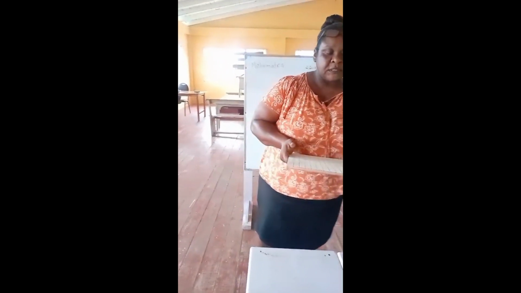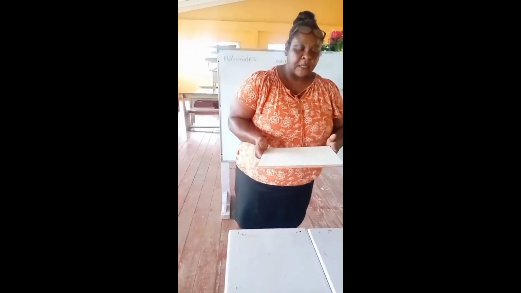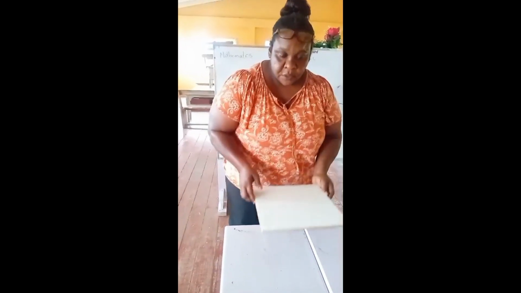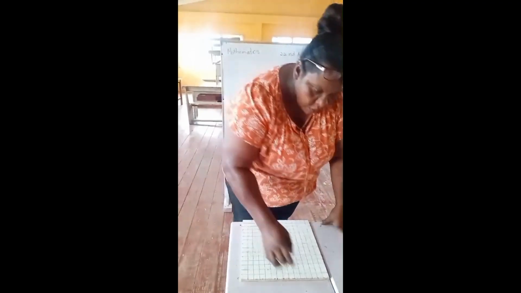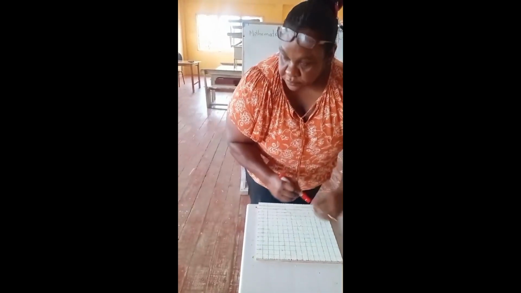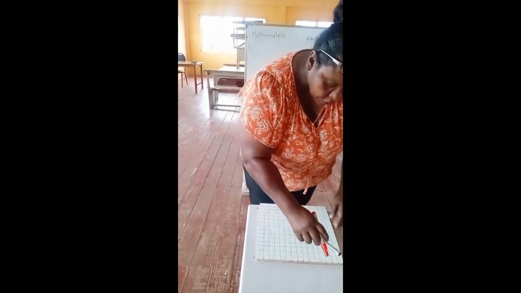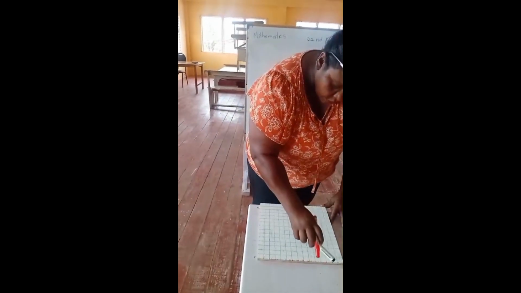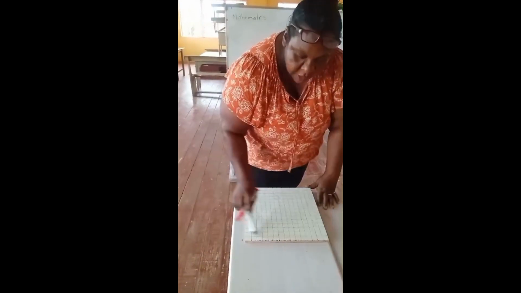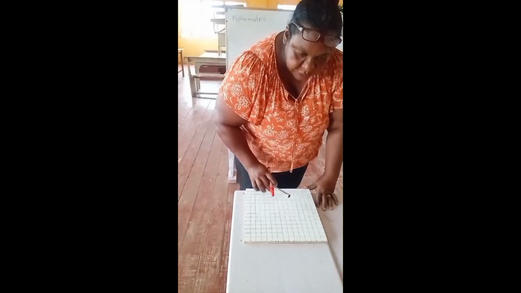We cut a 30 by 30 piece of ply board and we drew lines down, taking pencils. We made columns and rows.